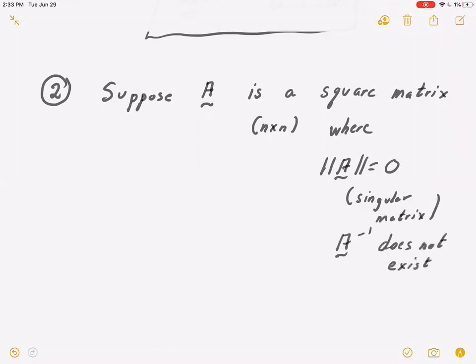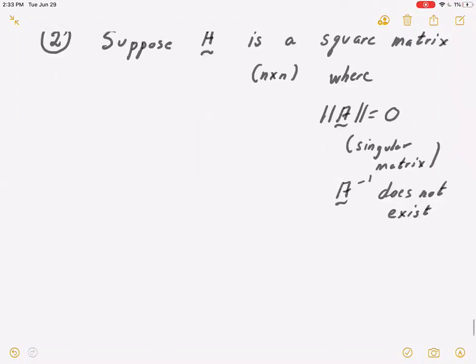So that means it doesn't have a unique solution. So only one of two things can happen. In this particular case, you'll either have an infinite number of solutions, or you'll have no solution.